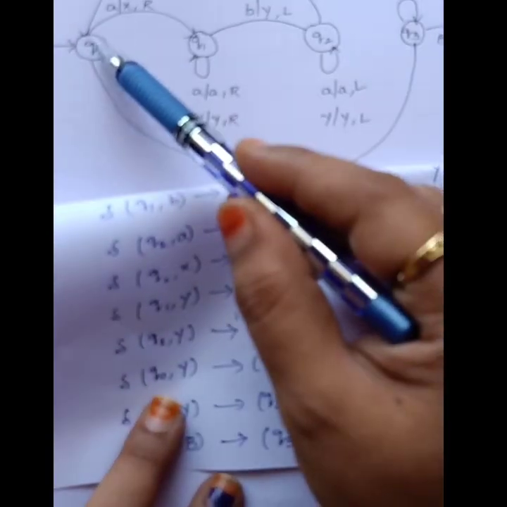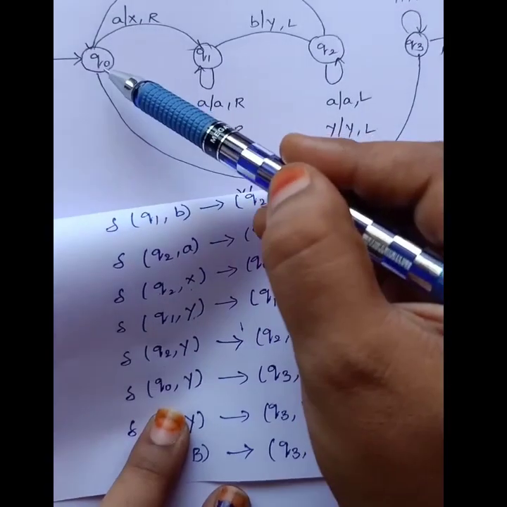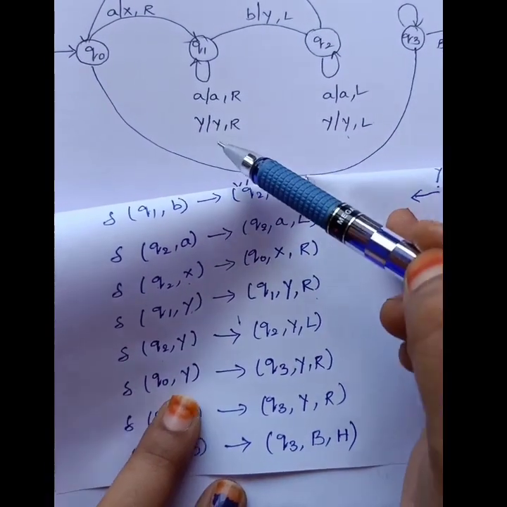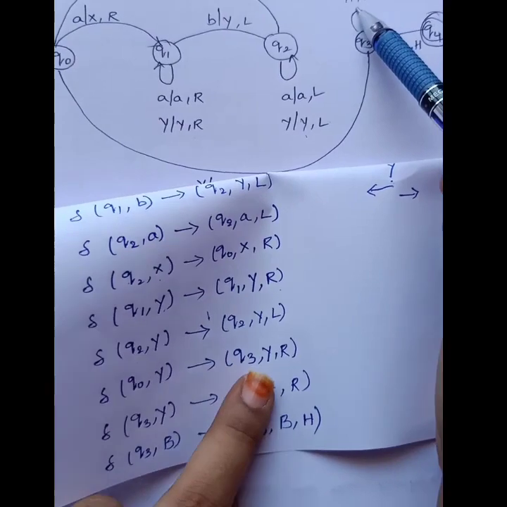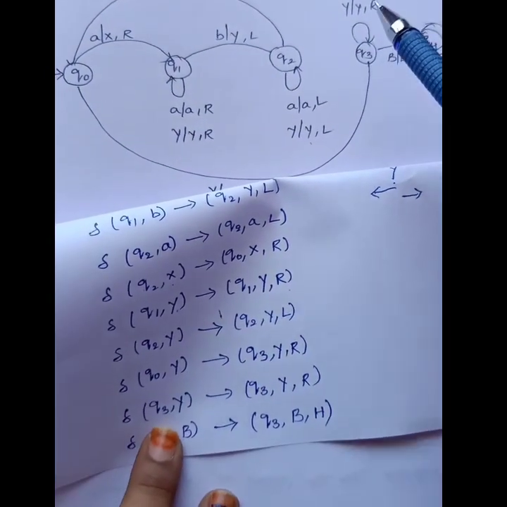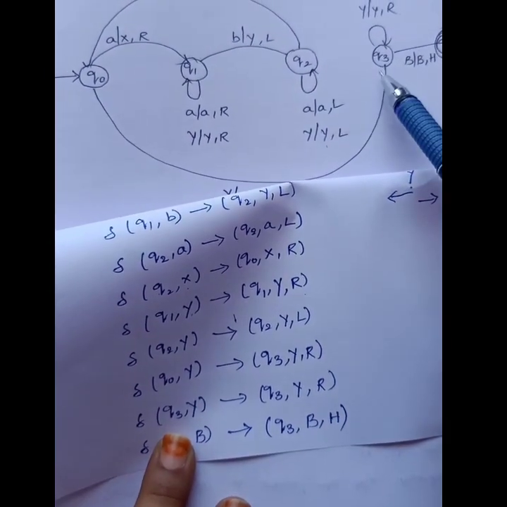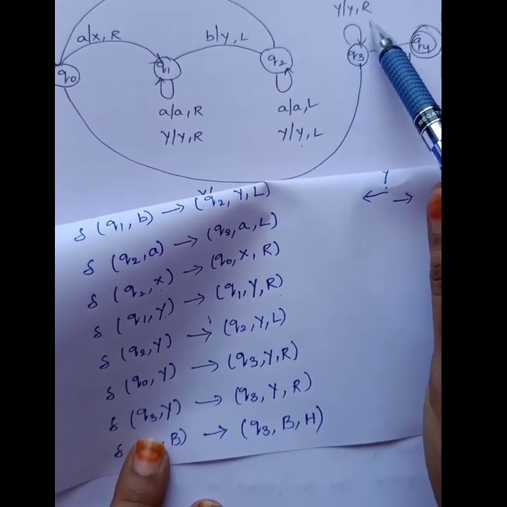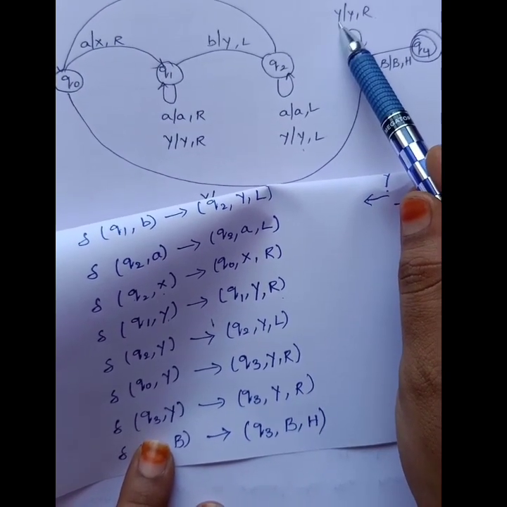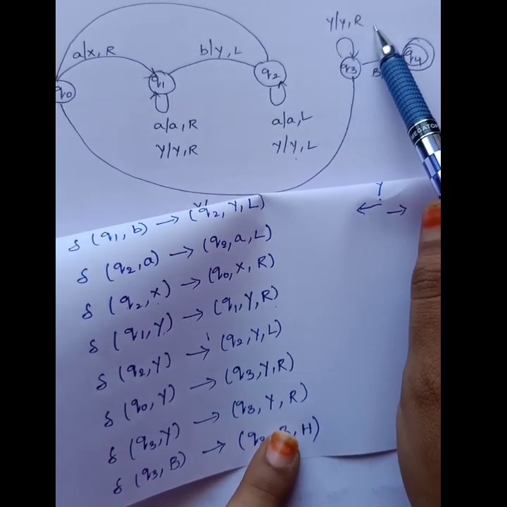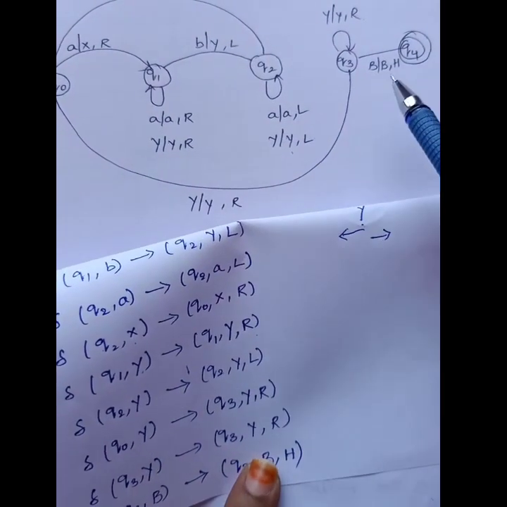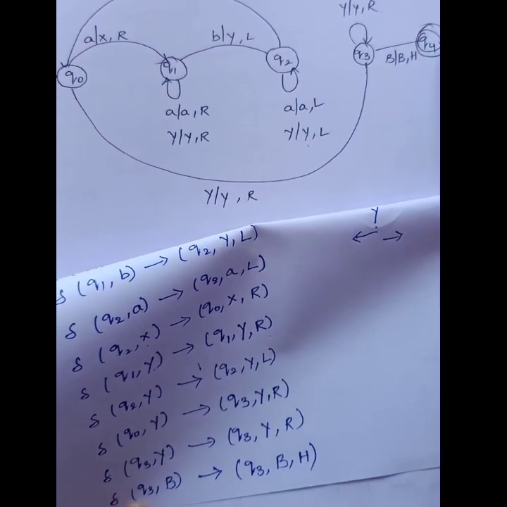Then Q0 to Q3: Y is the input, Y is the rewritten symbol and the head moves right. Q3 to Q3: Y is the input, Y is rewritten as Y, moving right.